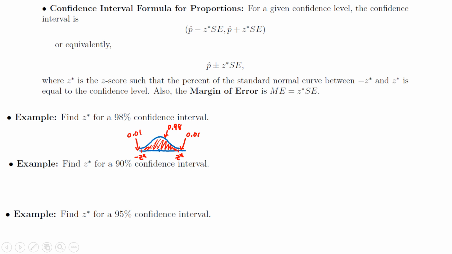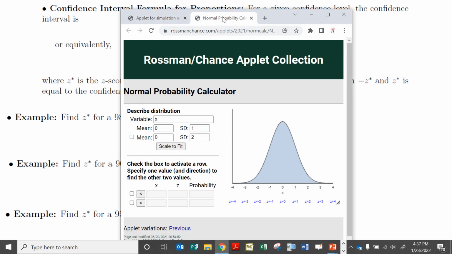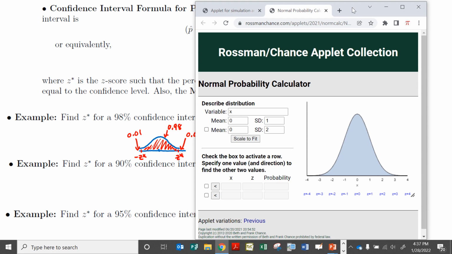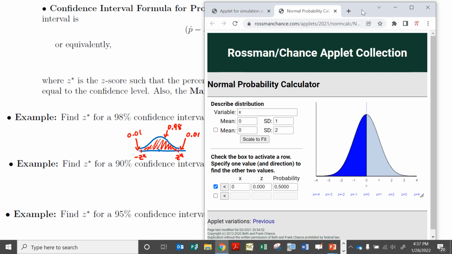And then once I've determined that, we go back and we work with this same normal probability calculator again. And so I check my box here, and if I look, I can see to find this z star here, I want 0.01 to the right. So I'm going to switch this so it shades to the right.